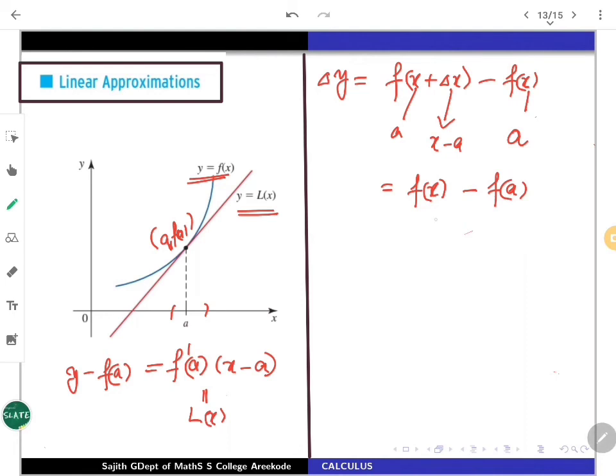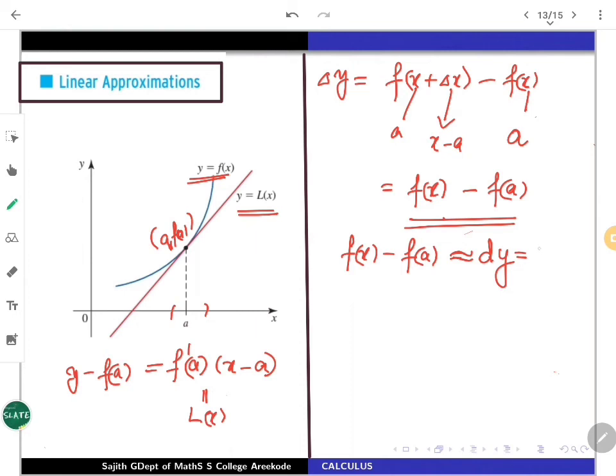So what is f of x minus f of a? In fact, f of x minus f of a is delta y, which is approximated by the differential dy. But then what is dy?